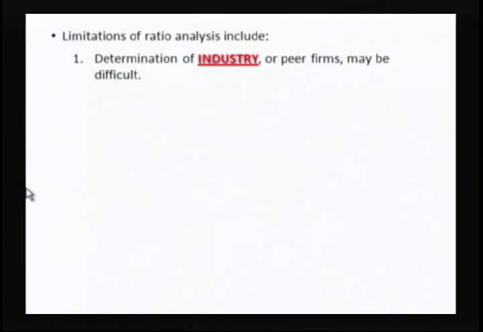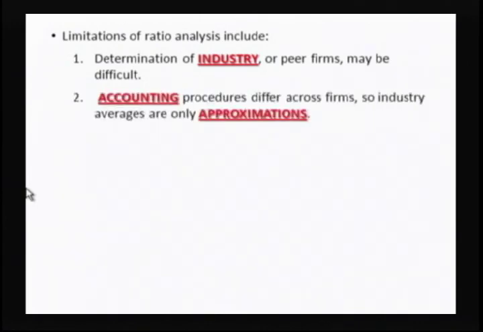Limitations of ratio analyses include that determining the industry or peer firms can be difficult, especially for conglomerates that don't fit into one industry or firms that don't seem to be really like any other firm. Accounting procedures differ across firms, so those industry averages are only approximations.